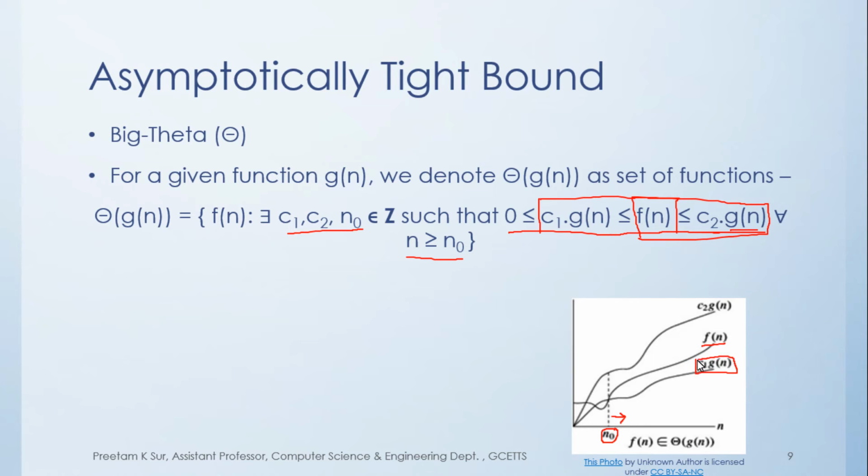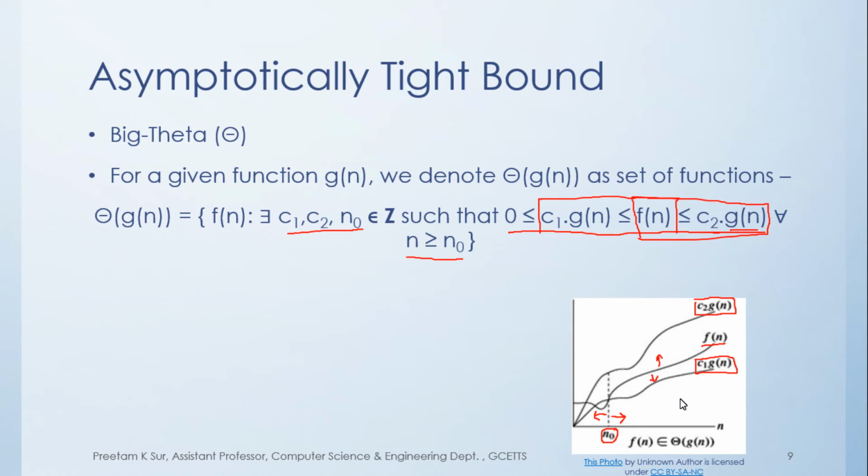So c1 into gn is always having a value less than or equal to fn after n becomes n0, and the same function gn if multiplied by c2 is always going to have a value greater than or equal to the value of fn after n becomes n0. Prior to n0 anything can happen, but from the point n becomes n0, c1 into gn always has a lower value than fn, and c2 into gn always has a higher value than fn, right?